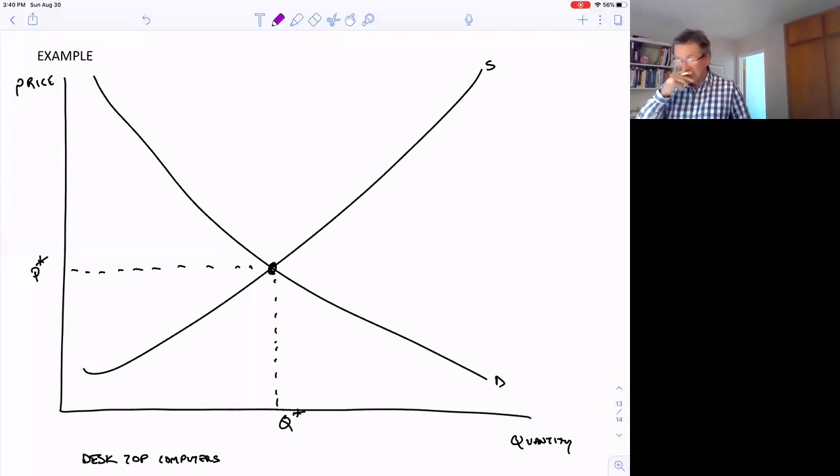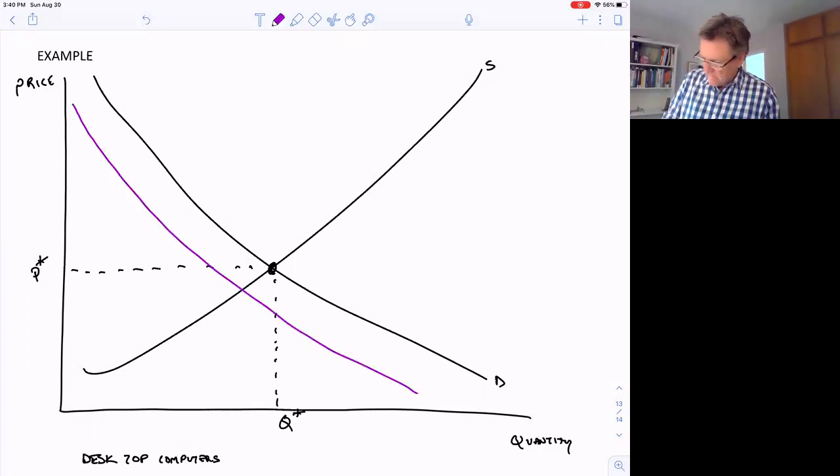So demand falls for the desktop computers. At the same price, people don't want as many of them anymore. So demand here fell, and what happens is initially at the price of P star, there's a surplus.